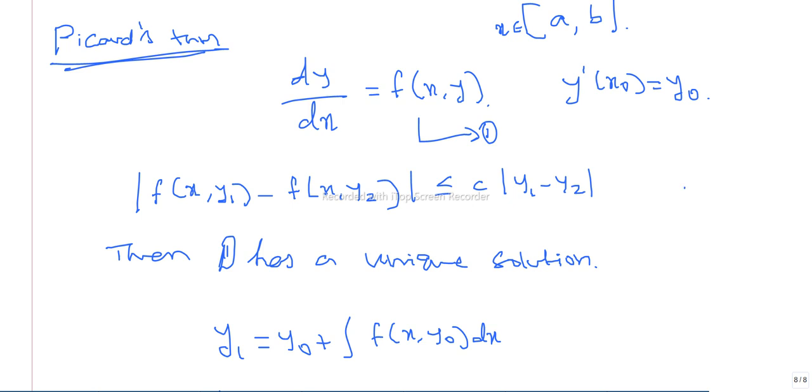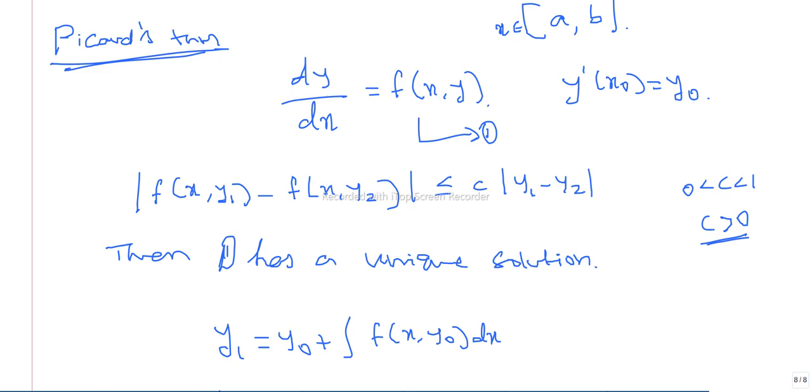Sometimes they take c between 0 and 1, and then we say it is a contraction. But if you take c positive, this is Picard's theorem, and it is defined only on an interval.